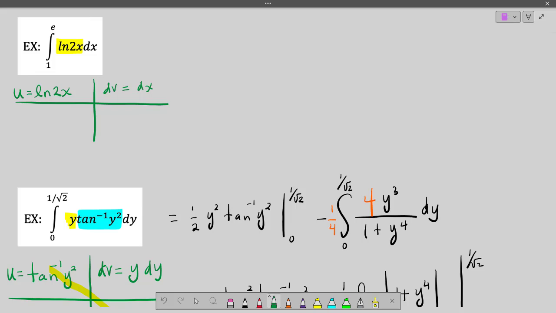Okay, I got you. So your derivative, this is du, that's 1 over x times dx. And then your dv, you're picking to be just dx. And so then when you integrate that, you get v is equal to x. Yeah, that's right. And then you go from there.